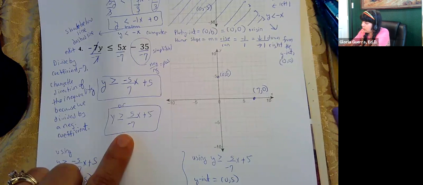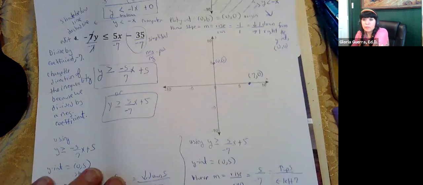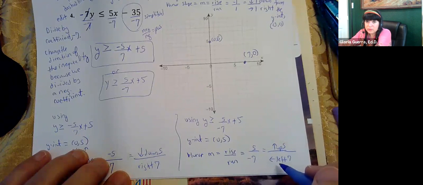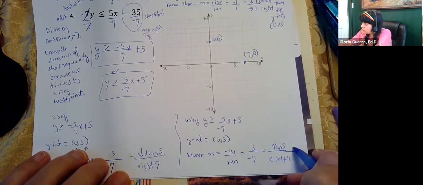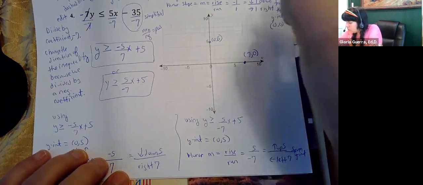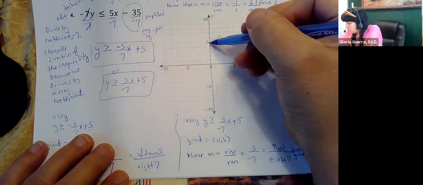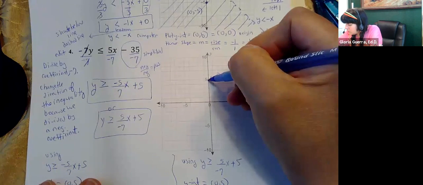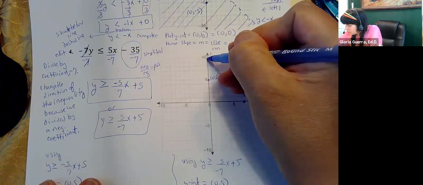This tells you to go up 5 and left 7. Up 5, left 7, up 5, left 7. You would do that movement from the y-intercept. So from here, from the y-intercept, you would go up 5, left 7, up 5, and then left 7.